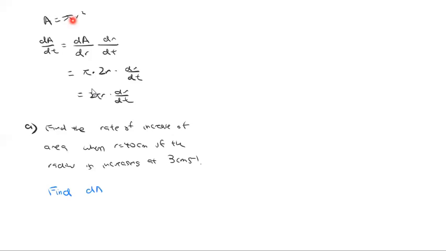The rate of increase of area. So it's basically saying find dA/dt, indeed, when? When r equals 40. Good. And dr/dt equals 3. Correct.